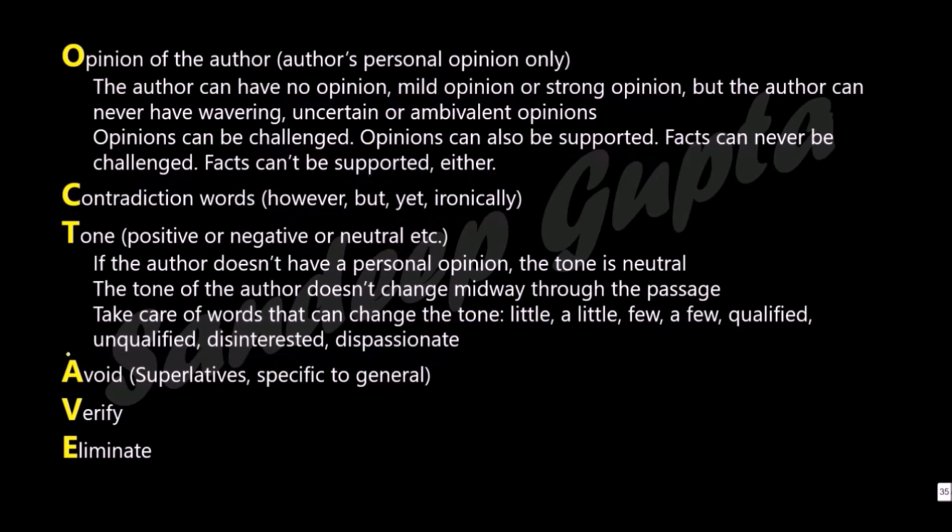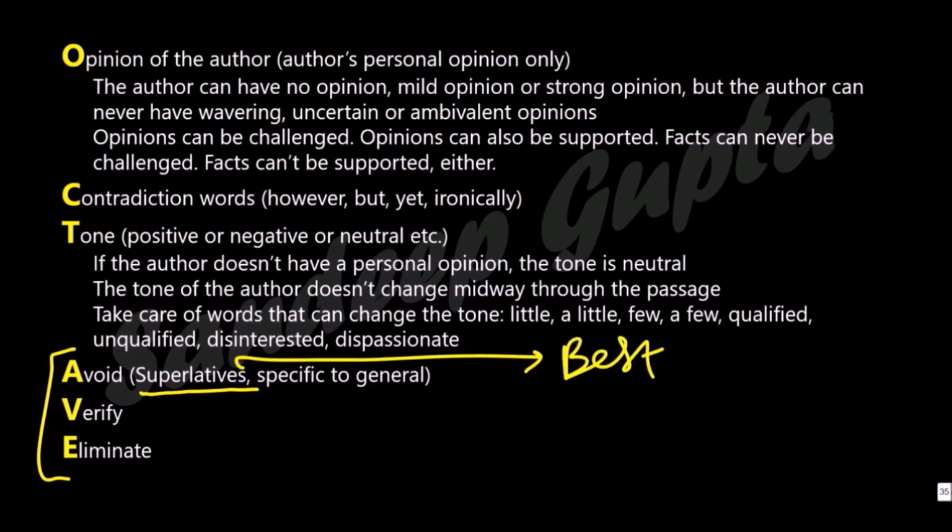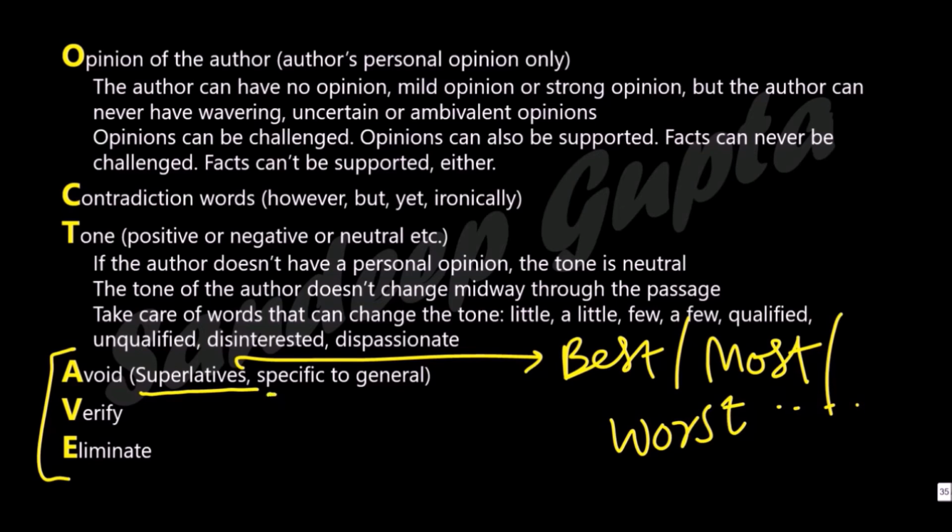Now, last three things, these are useful while solving the questions. The first three are more useful while reading the passage. So while solving the questions, in the option choices, we must avoid superlatives, words such as best or most, worst or least, etc. And we should avoid something that is specific in the passage but is generalized in the answer choices.